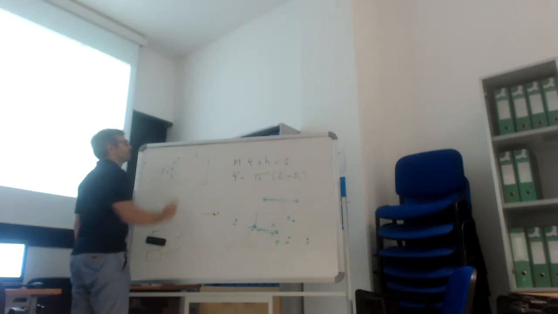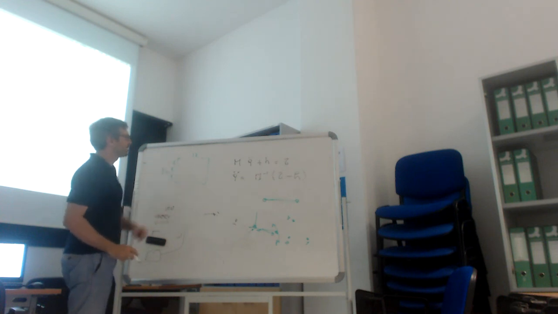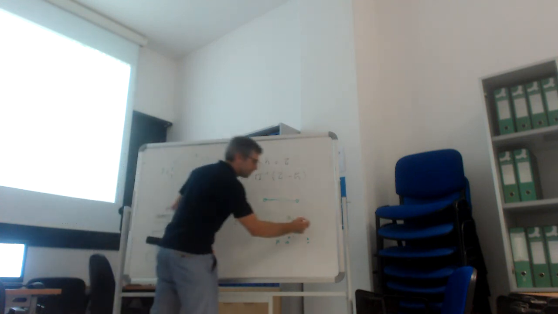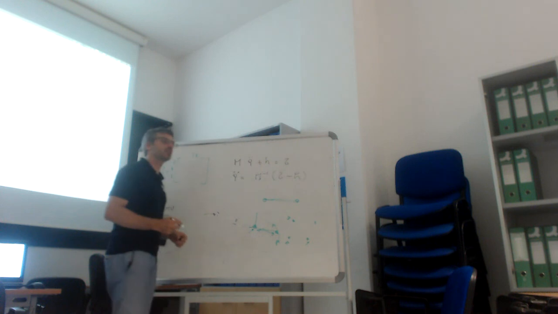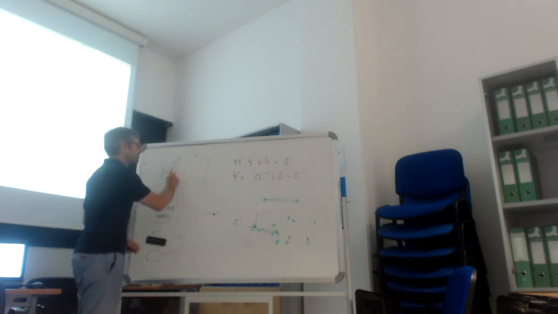So you have 12 degrees of freedom, but the rank is 6. And if you have an additional one, the rank doesn't change, so you stay at rank 6.